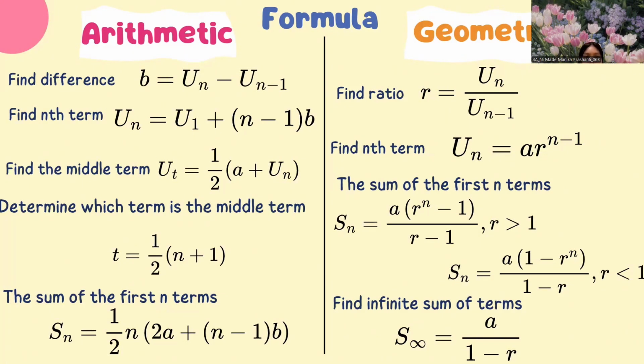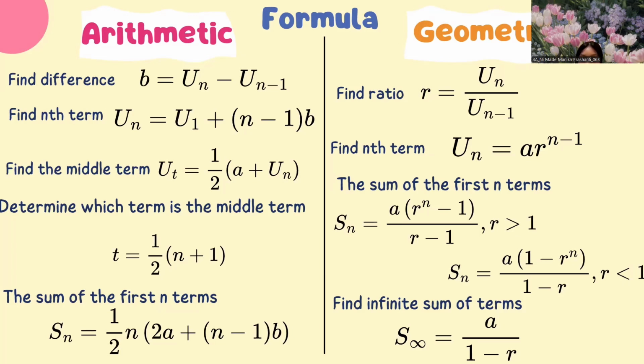Okay? And then in arithmetic series, we can use the formula to find the sum of the first n terms: Sn equals half times n times 2a plus n minus 1 times b. But in geometric series, first we look at the ratio. If the ratio is more than 1, we use the formula Sn equals a times r to the power n minus 1, divided by r minus 1.